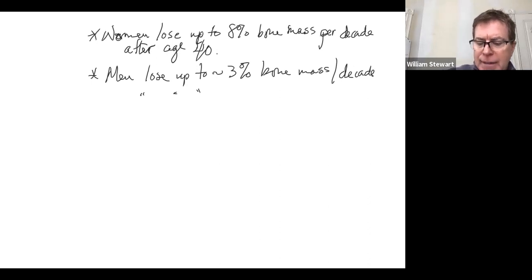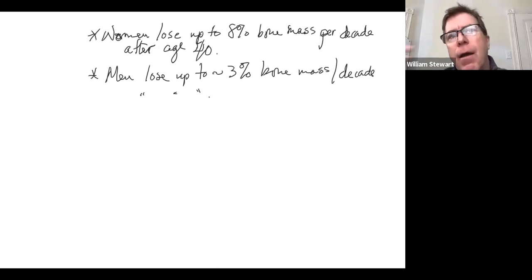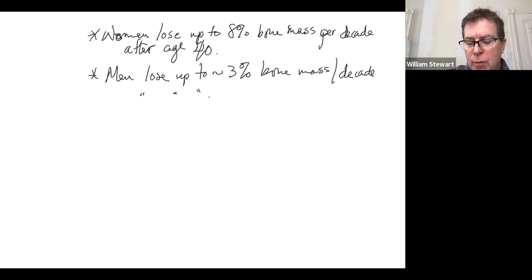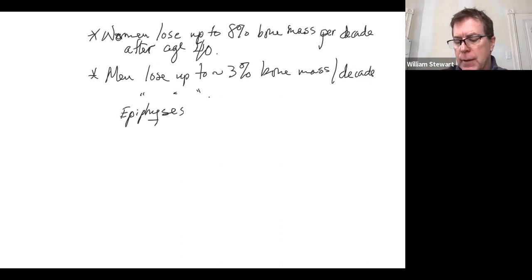So it becomes quite significant. The most affected areas of the body, not the only ones, but the most commonly affected areas are epiphyses. You know what that word means now? It means the ends of long bones, the vertebrae, and the mandible, which is the lower jaw.